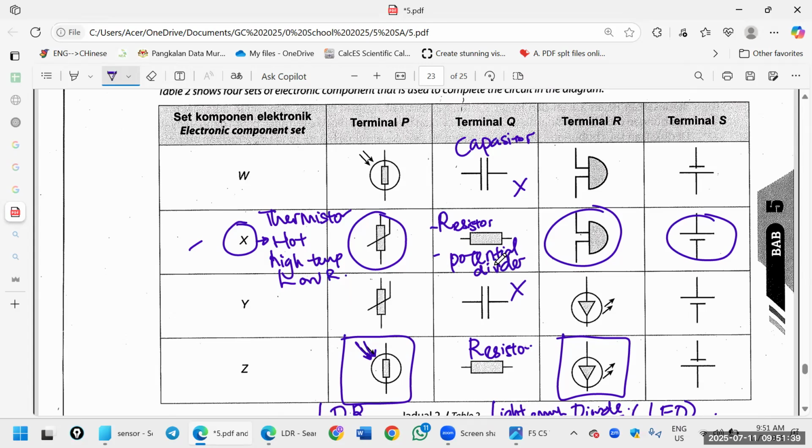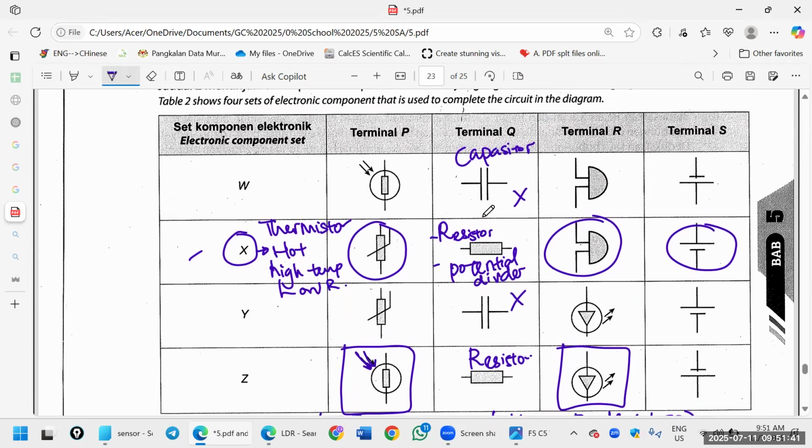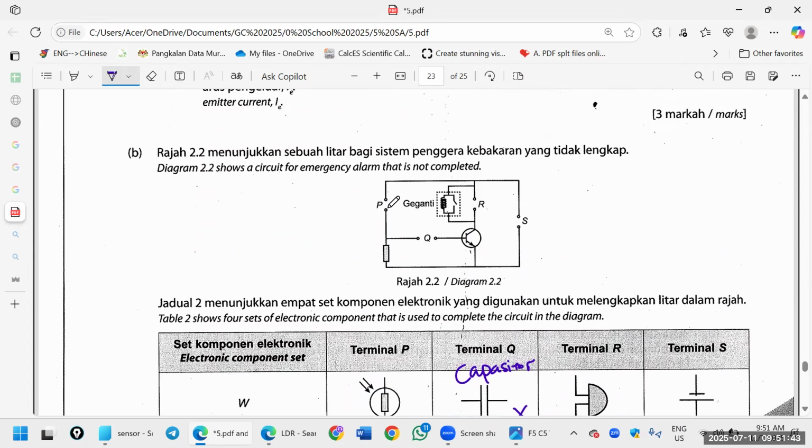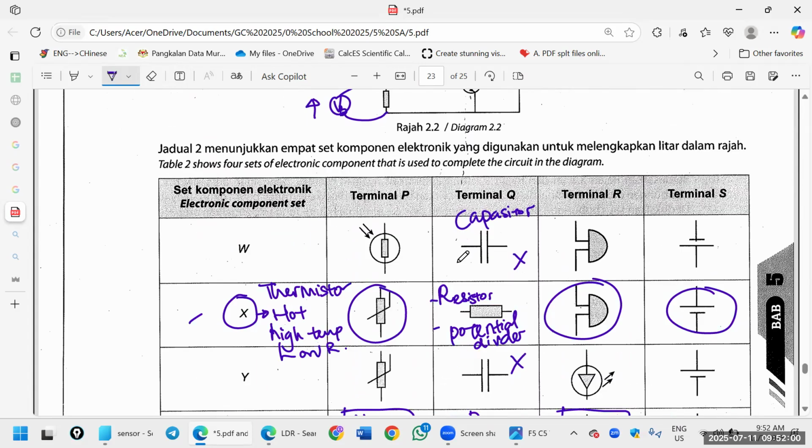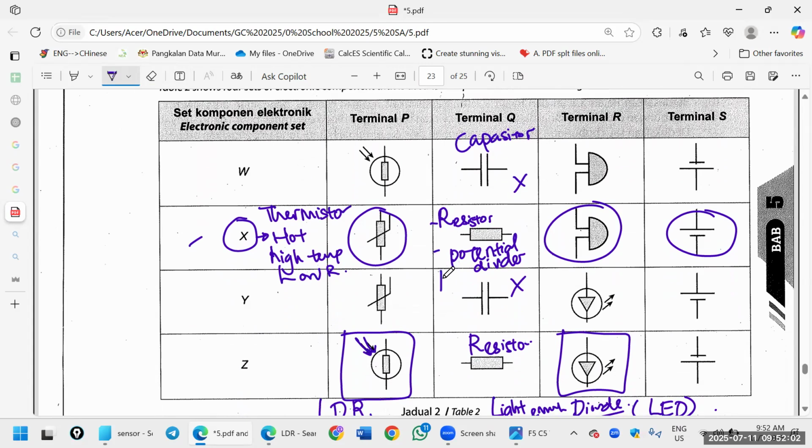Normally we put the thermistor up here, right? So this one hot, low resistance means low voltage. Up is low voltage, down will be high voltage. This voltage we also call the base voltage. So we want to increase the base voltage.